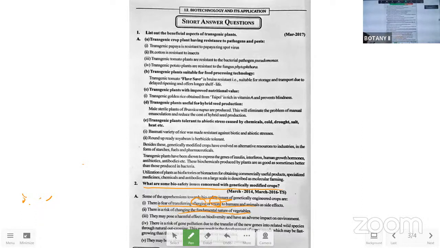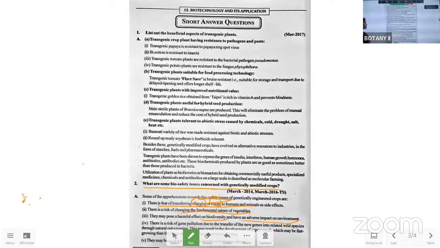Just now I said, when the organism was not looking alike, then the already existing organisms cannot make them in their group. That's the biodiversity. There is a chance of having a biodiversity change, that means a change of the organisms in the specific area. Okay, which gives an adverse impact on the environment.